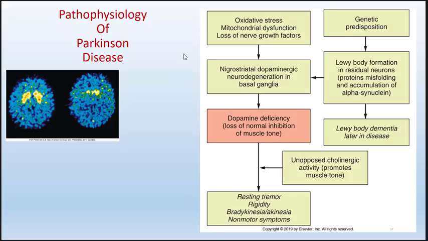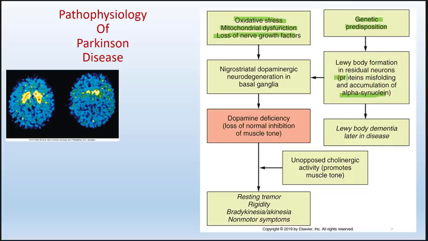Now let's have a look at the pathophysiology of Parkinson's disease. In terms of cause, we can look at the possibility of oxidative stress within the brain, mitochondrial dysfunction, as well as loss of nerve growth factors. And we can also look at genetic predisposition as putting someone at risk for the development of Parkinson's disease. Now let's look at genetic predisposition first. Accumulation of a protein called alpha-synuclein can occur.